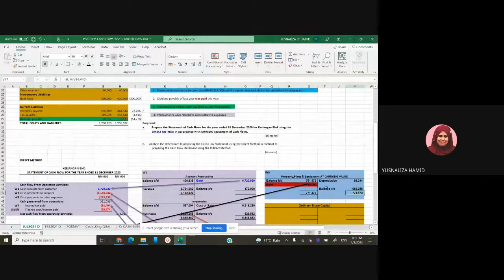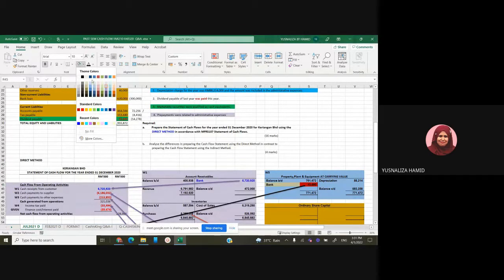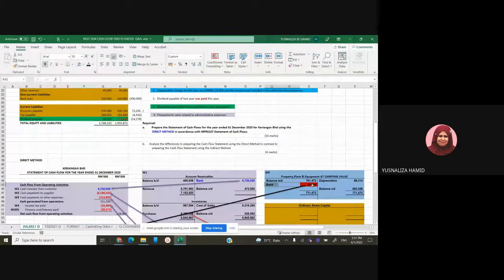So the credit is more than the debit, meaning that the difference is on the debit side. The difference on the debit side means that this is an acquisition of property, plant, and equipment, which is an investing activity.